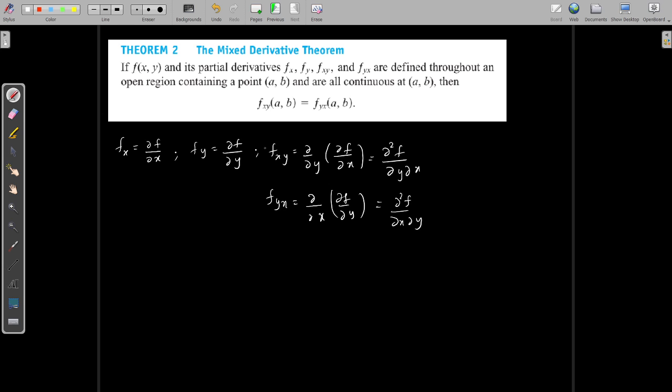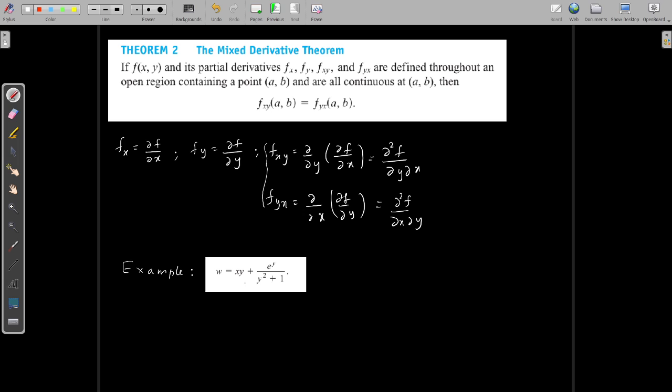These two quantities will be the same if you have this hypothesis, that fx, fy, fxy, and fyx are defined and continuous. So if it is not easy to evaluate fxy, then you can try fyx instead. Let's see an example for this.